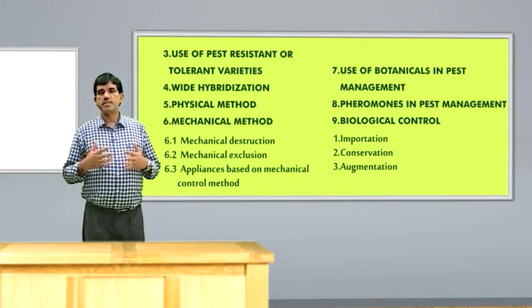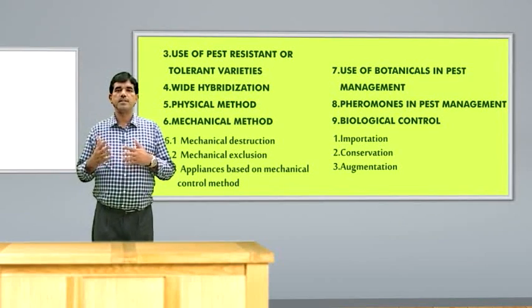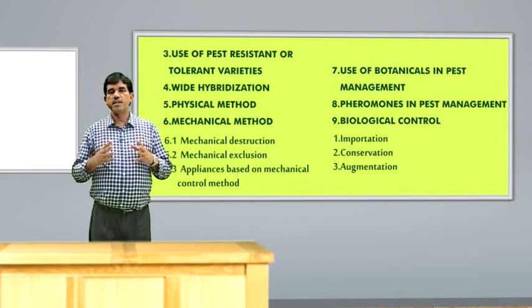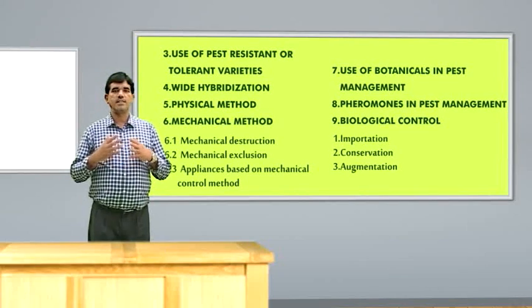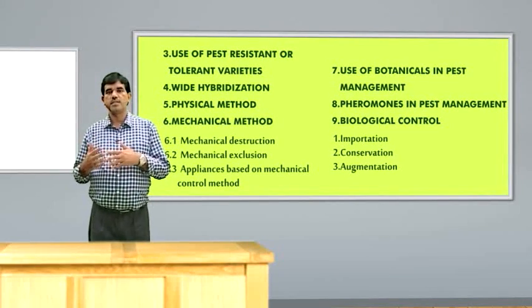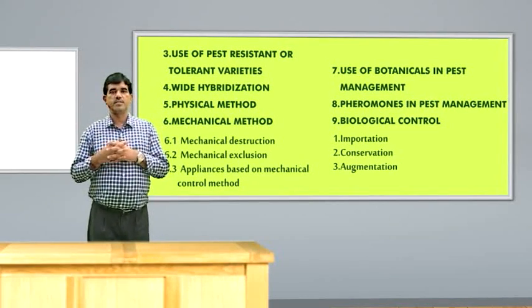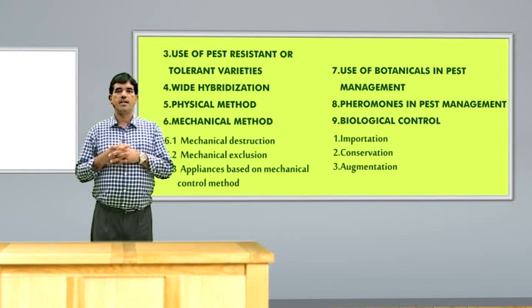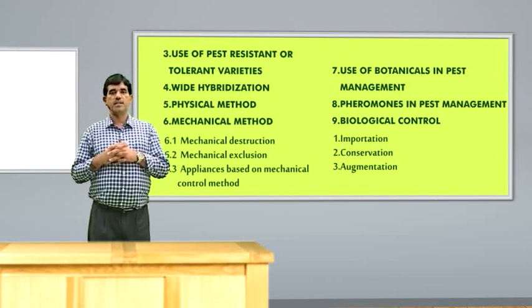Biological control is a very important strategy of pest management. Management of pests and disease-causing agents utilizing parasitoids, predators and microbial agents like viruses, bacteria and fungi is termed biological control.